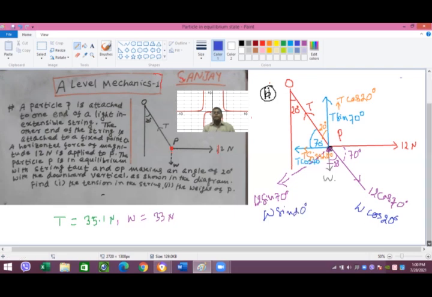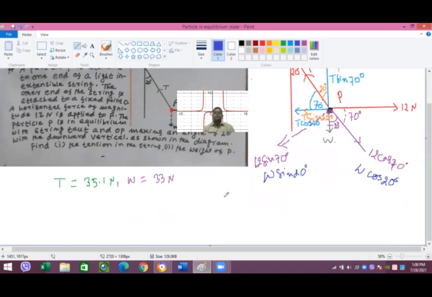So again, since the particle is in equilibrium state, the total force will again be 0.